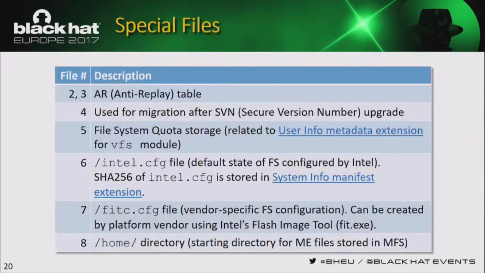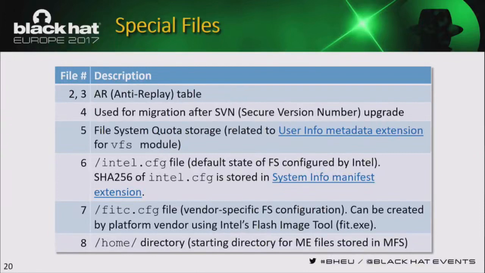Some file numbers have a predefined meaning and are used in many different places. For example, files number 2 and 3 are used for creating anti-replay tables. Anti-replay is one of the security mechanisms supported by the ME. It prevents you from just reverting to a previous file state by writing directly to MFS.